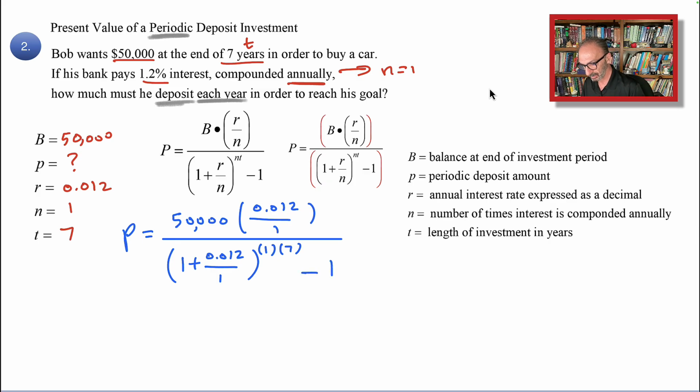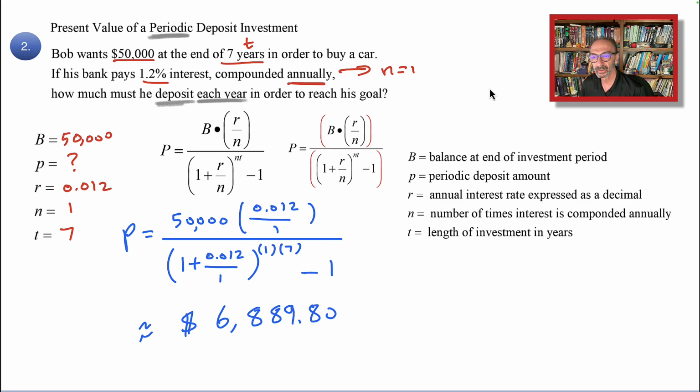With the calculator, you end up with about 6,889.80.